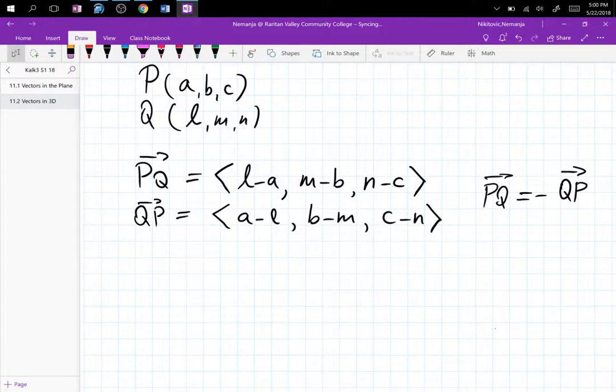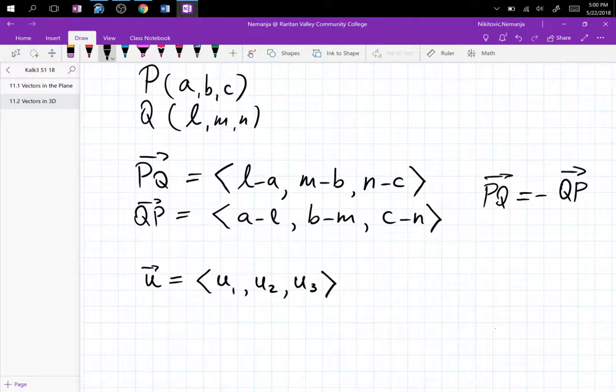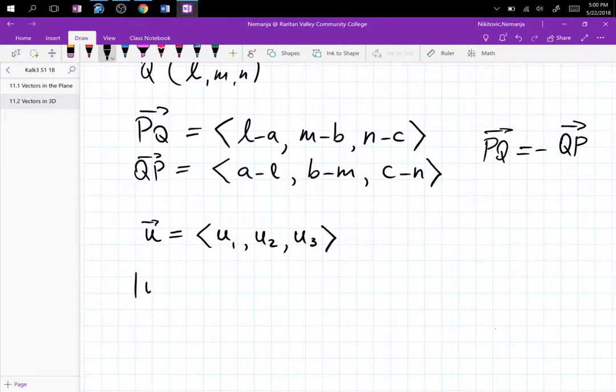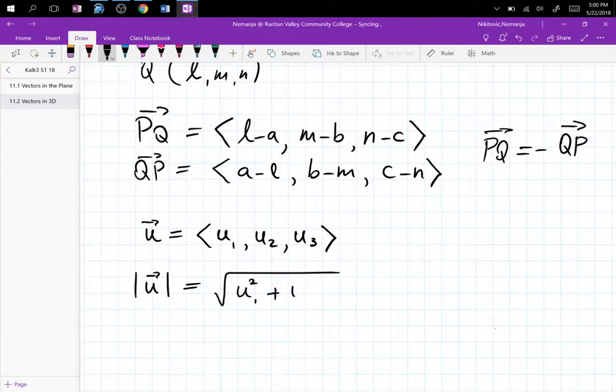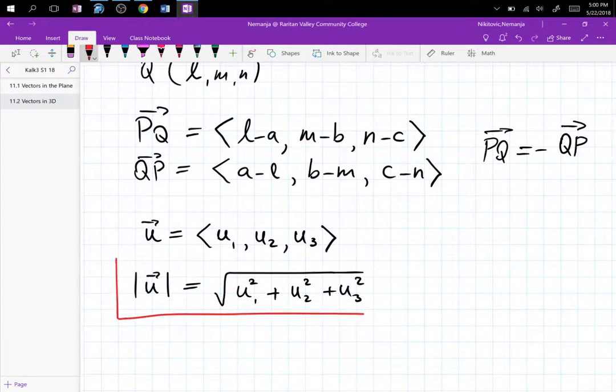We just say if you have vector u with components u1, u2, u3, because it's a 3D vector, the magnitude of vector u is going to be the square root of u1 squared plus u2 squared plus u3 squared. That would be the magnitude.